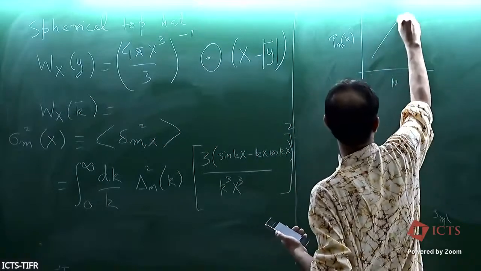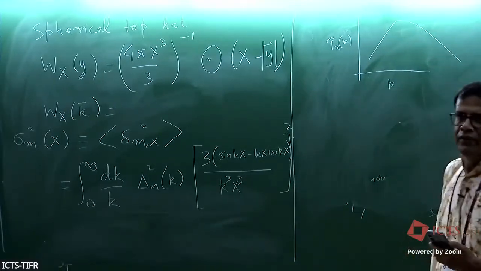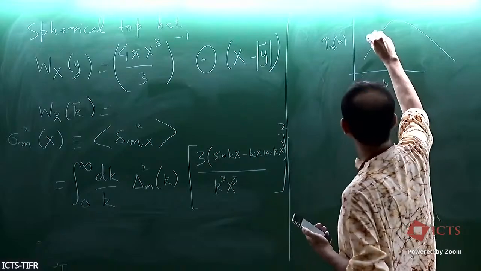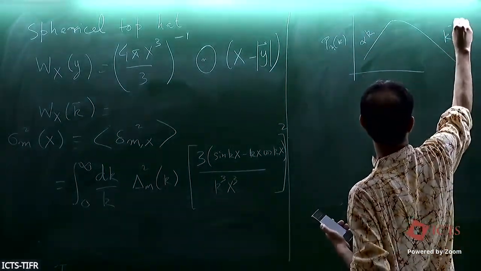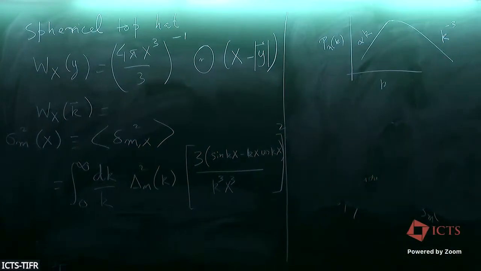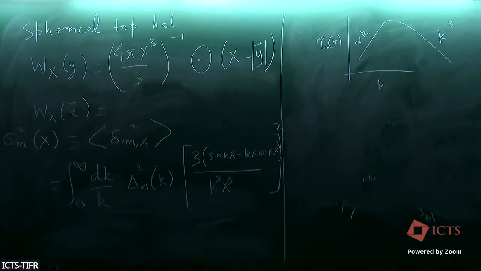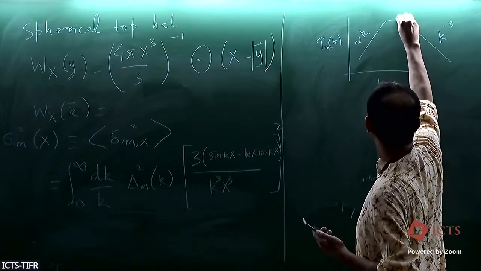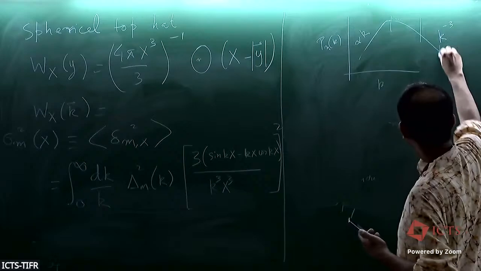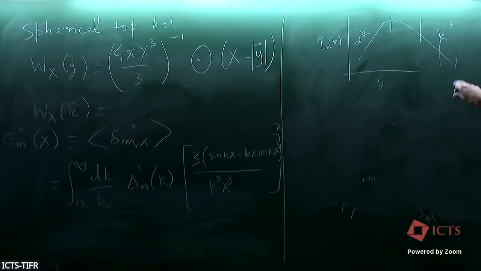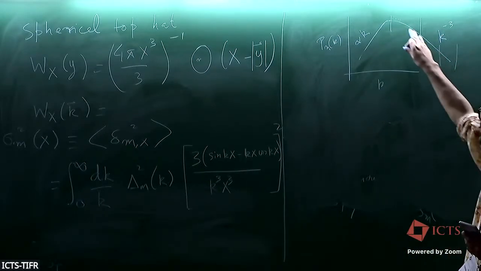The slope was proportional to k here, and then it fell like k to the minus 3 here. Most of the galaxy surveys sit somewhere in this region.